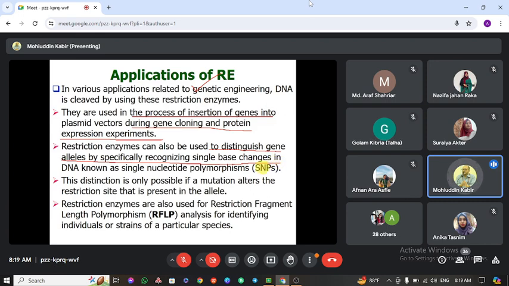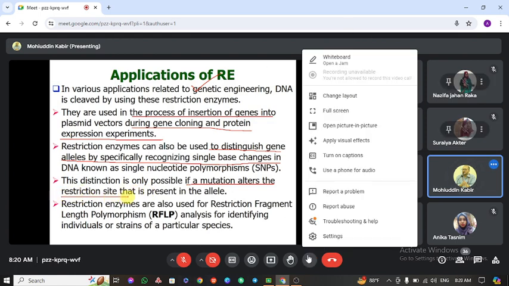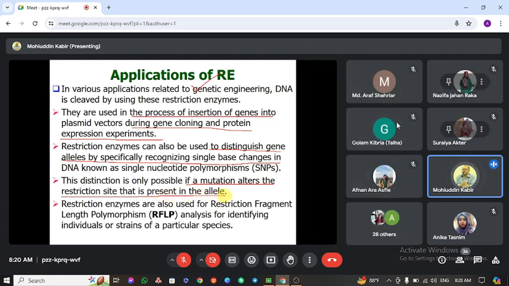But to distinguish this polymorphism, there must be a mutation at the restriction site in the target allele.